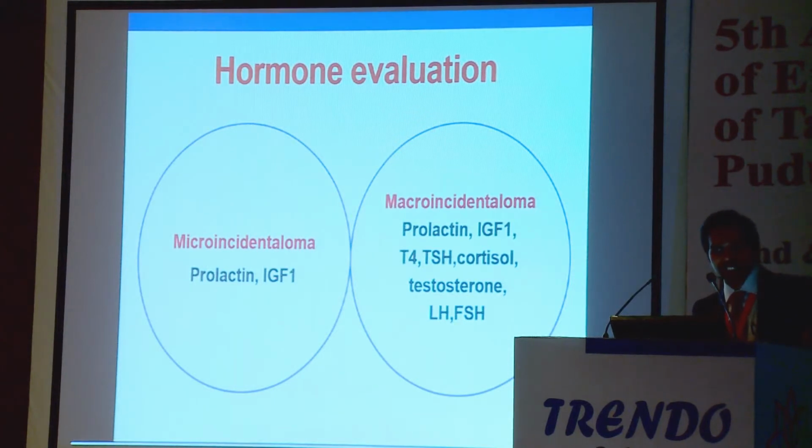So the practical thing to do for a microincidentaloma would be to do at least a prolactin and IGF-1. And for a macroincidentaloma, in addition to all these, thyroid function, FT4 and TSH, cortisol, testosterone, LH, FSH, to document hypofunction concomitantly.